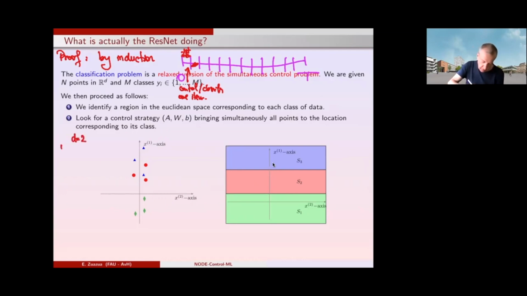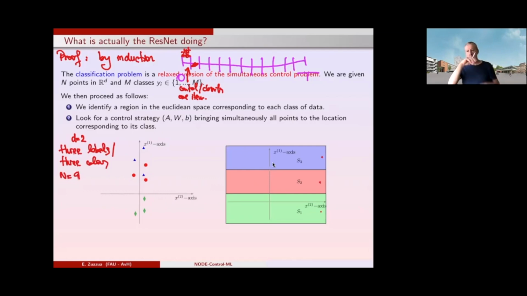I have 3 labels or 3 colors: the color blue, the color red, and the color green. And in this particular case, I am given n equal to m points, 9 points. So I have 3 blue, 3 red, and 3 green.